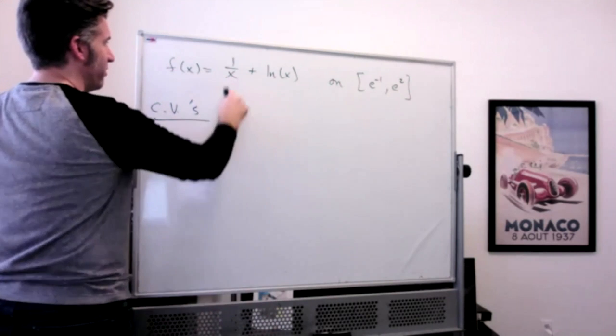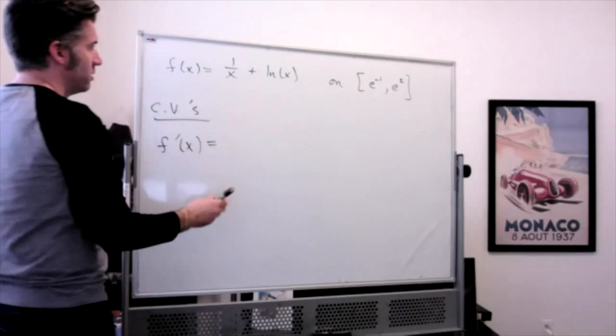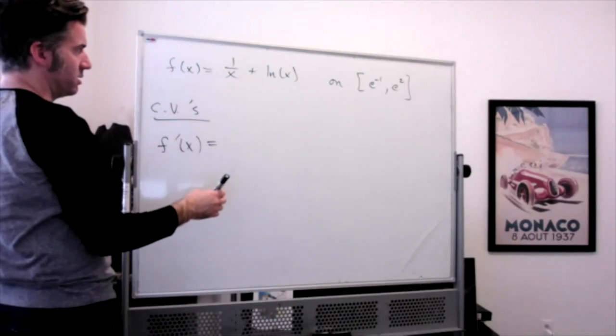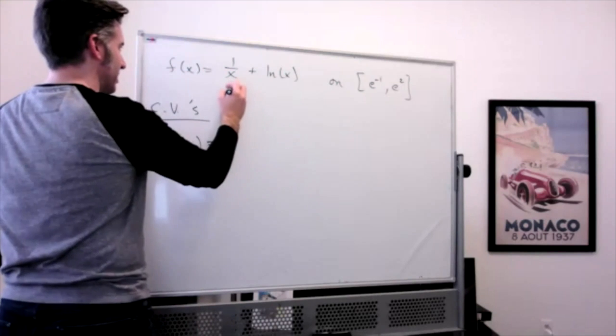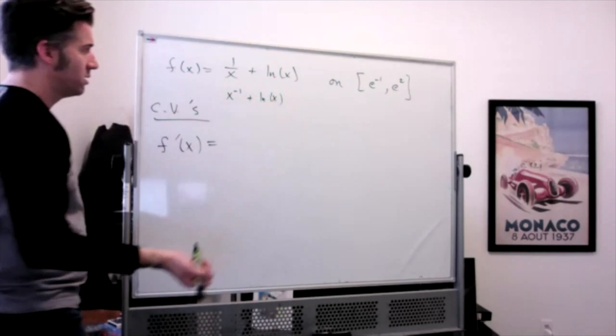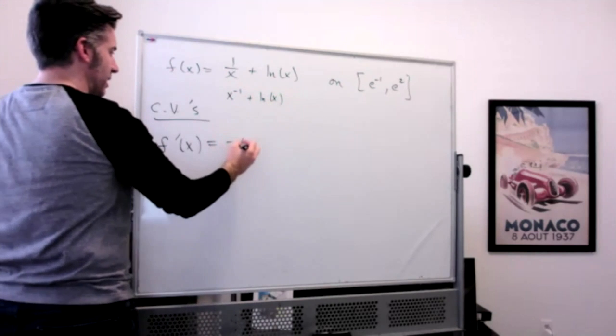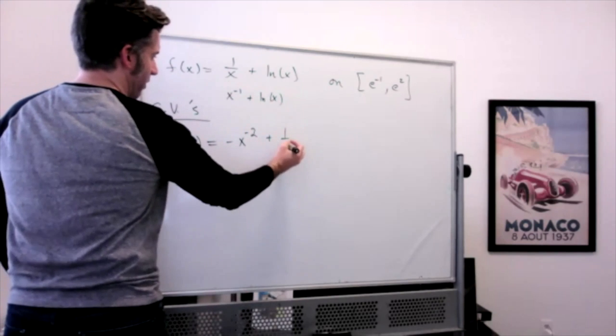So I've got to find the derivative of this. I'm going to write 1 over x as x to the negative first, plus the natural log of x. So the derivative is negative x to the negative second plus 1 over x.